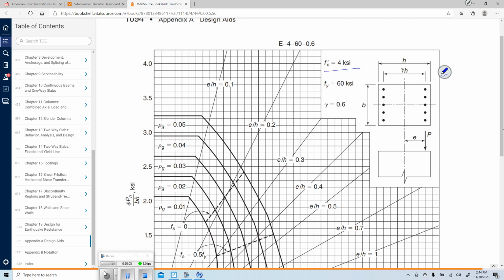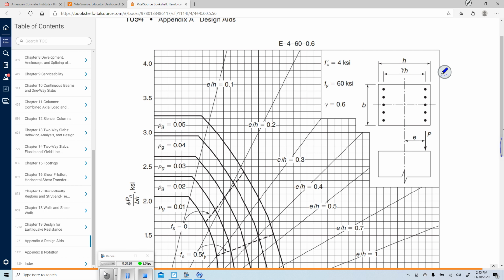We have an F prime C and an Fy, and this gamma, which is the distance between center to center of your longitudinal reinforcement divided by the overall height, right? So the distance between the center to center is 60% of the overall height for this specific design aid.